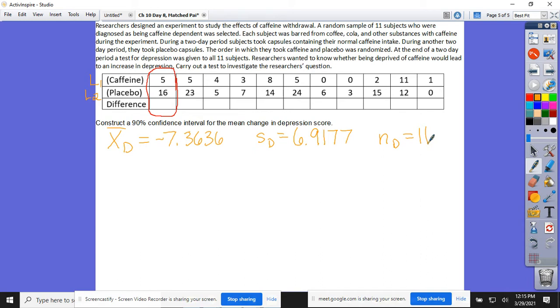We're doing an interval here. So my confidence level was what? What else do I need to get the T? Which is what?